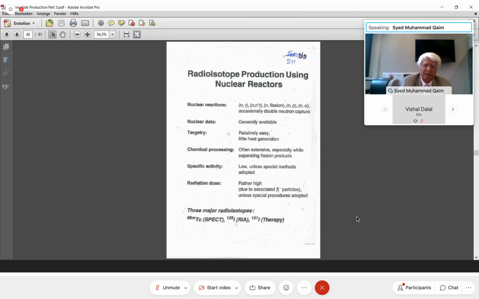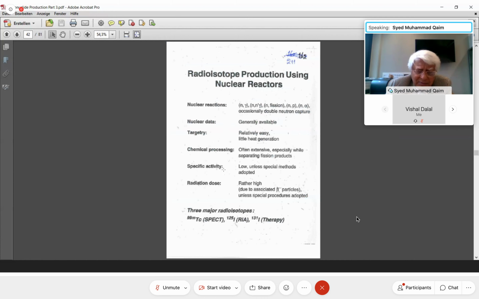Then the sample is taken out and used in hospitals as cobalt-60 salts. How about chemical processing? It is often extensive, especially when fission is involved. In case of N-gamma, it's mostly cleaning the impurities, but in case of fission, a lot of chemistry is involved, because about 50 different elements are formed, and they have to be separated.